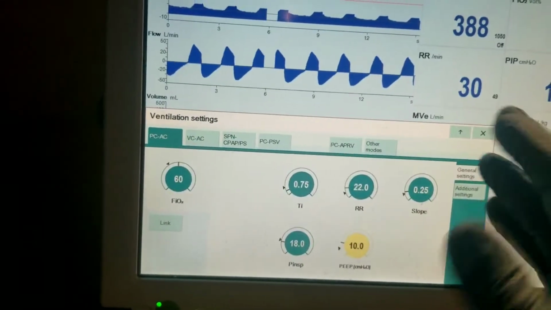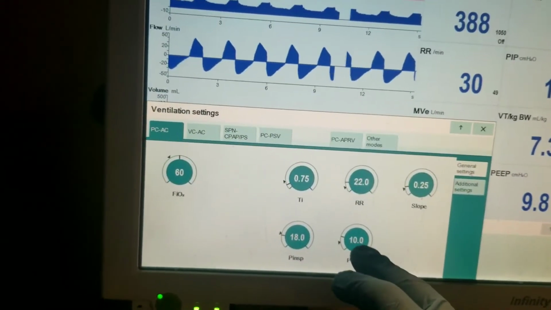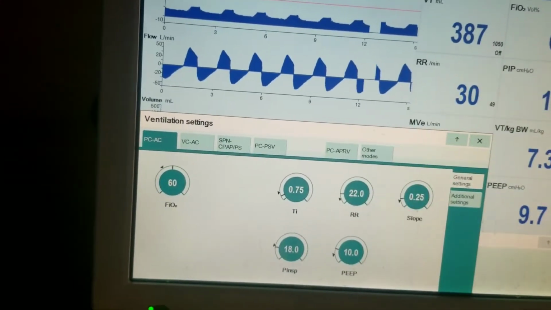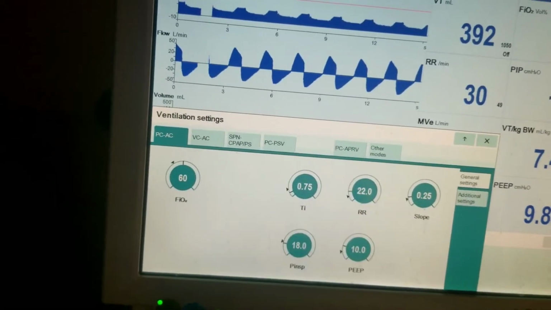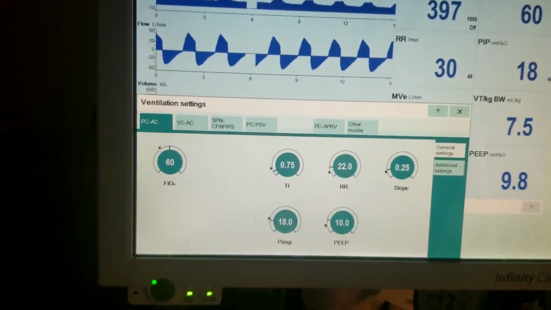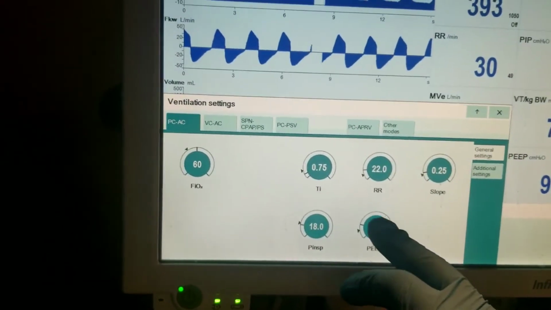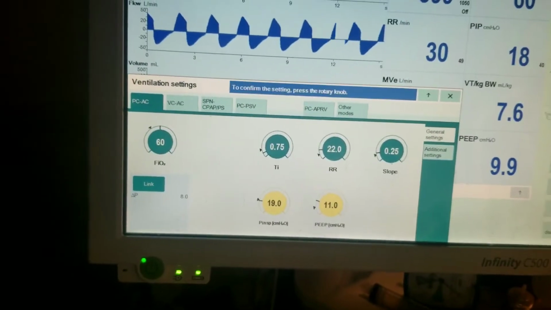You can do incremental, decremental, you can do whatever you like. So why don't we start at 10, we'll go up to around 14, and then we'll go back down to 6, and we're going to look at the different regional compliances to determine the optimal PEEP. Okay, so all we have to do is here, link, keeping a delta P of 8 consistently.